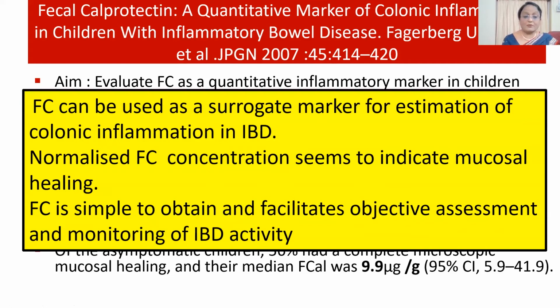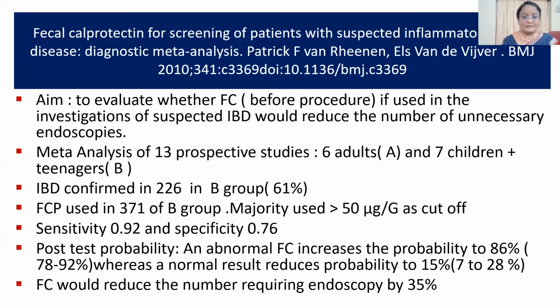That fecal calprotectin can be used as a surrogate marker for estimation of colonic inflammation in IBD. Normalized FC concentration seems to indicate mucosal healing, and FC is simple to obtain and facilitates objective assessment and monitoring of IBD activity. This was where it was used at that time.